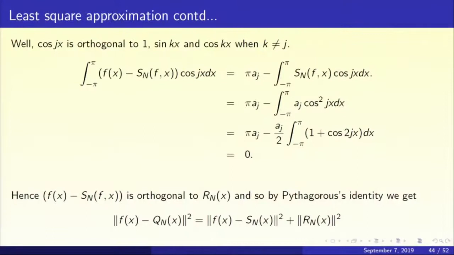So now we can apply the Pythagoras identity, and we get the norm of f(x) minus Qn(x) squared equals the norm of f(x) minus Sn(x) squared plus the norm of Rn(x) squared. Now notice that the norm of Rn(x) squared is always non-negative. So what do you get?